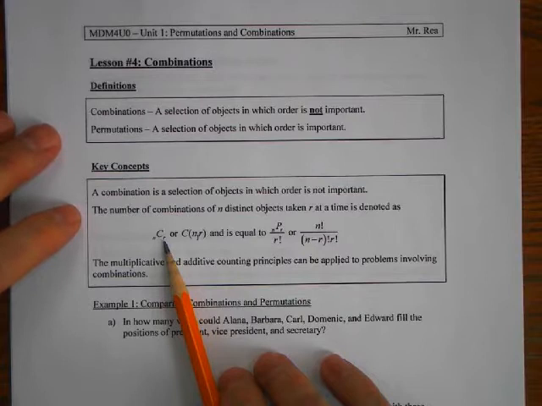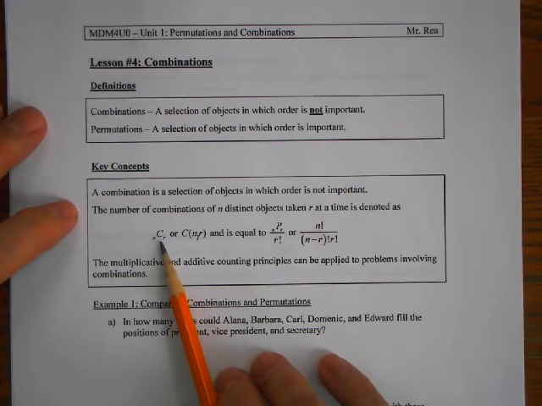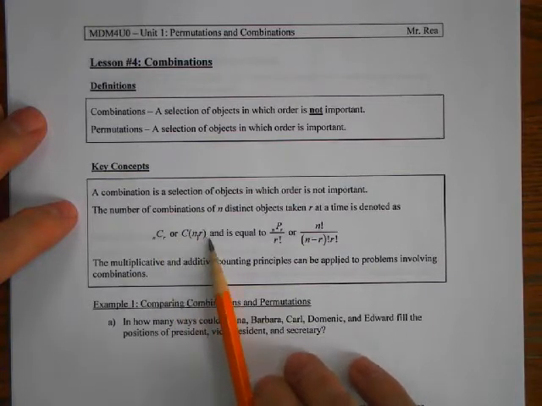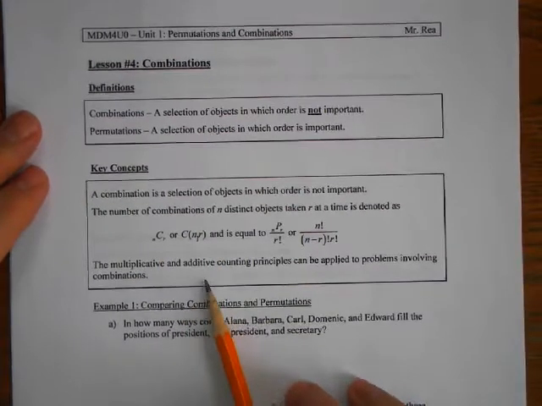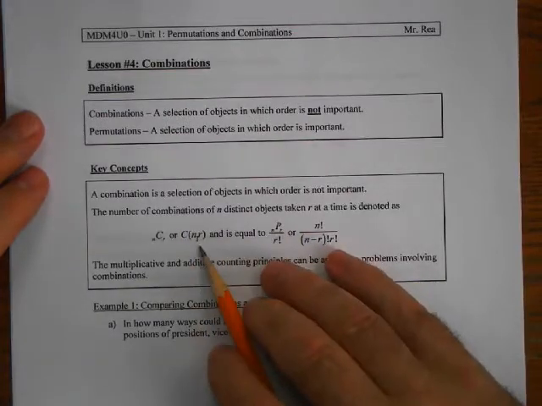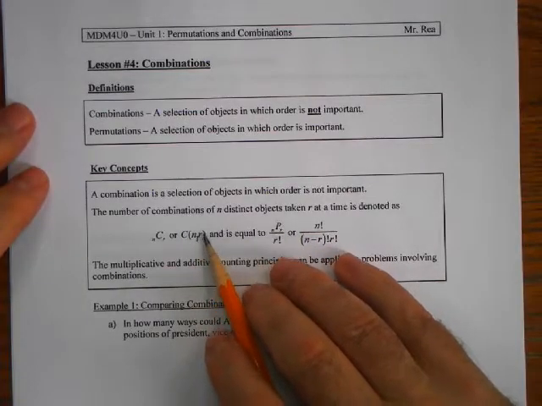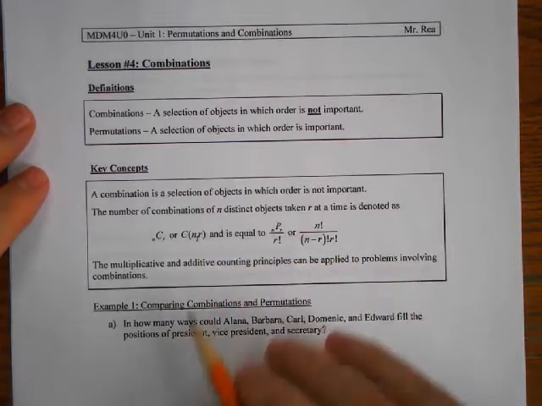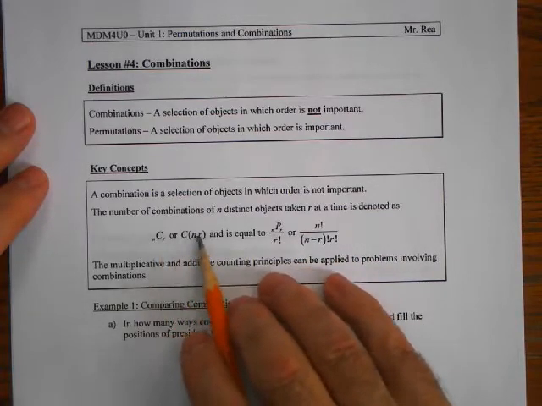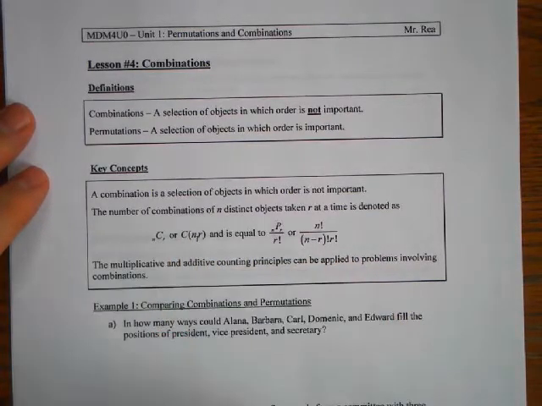So how many combinations or choices do you have? You can also write it in this notation, C, bracket n comma r bracket. That should be a comma between the n and the r. Either way of these is totally fine.